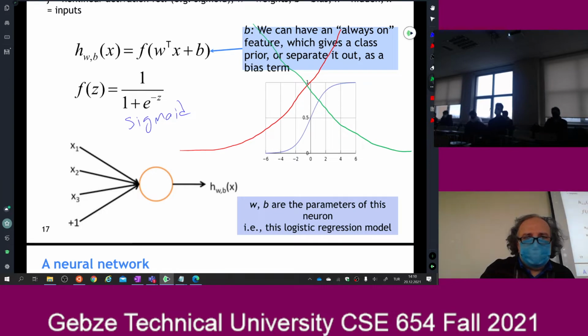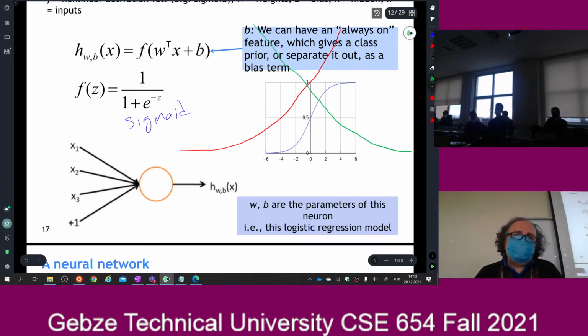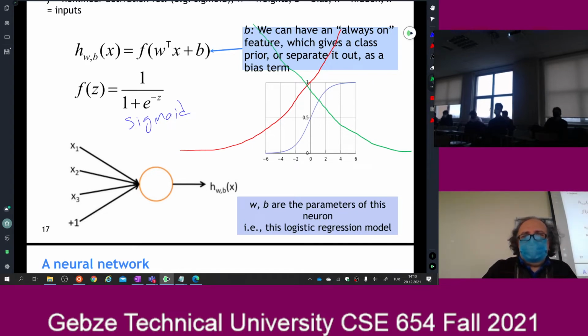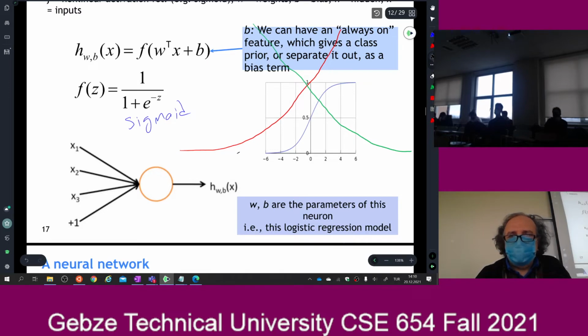How do you calculate this one then? 1 over 1 plus e to the minus z. When z is very large, e to the minus z becomes 0, so this becomes 1.